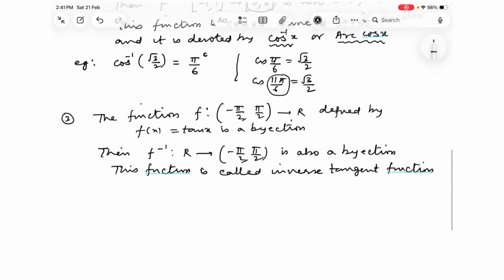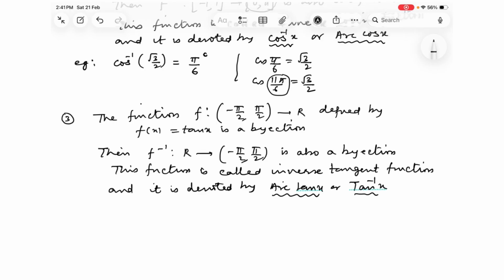And it is denoted by arc tan x or tan inverse x. Arc tan x or tan inverse x.